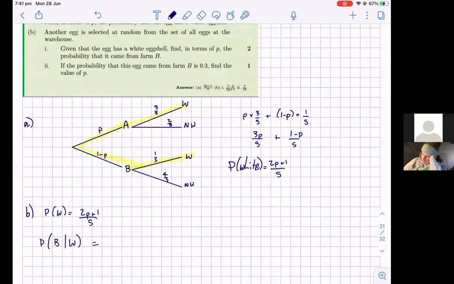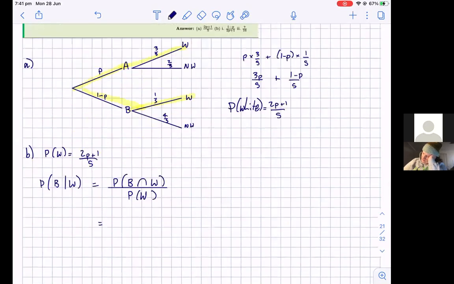Well, that's the same as the probability that it's from B and it has a white eggshell divided by the probability that it has a white eggshell. The probability of being from farm B and having a white eggshell is 1/5. The probability of having a white eggshell is 2P plus 1 on 5. So we've got 1/5 divided by 2P plus 1 on 5. So 1/5 times 5 on 2P plus 1 gives us 1 on 2P plus 1.